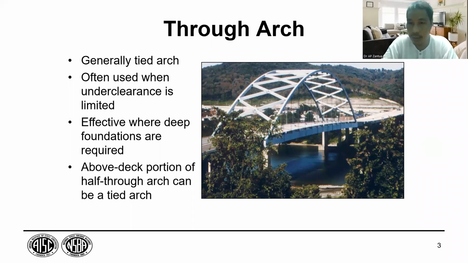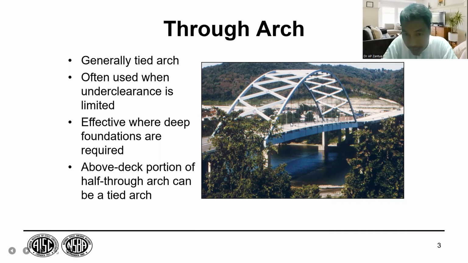Through arch. The arch portion is on the superstructure, not on the substructure, unlike the deck arch, where the arch portion is on the substructure. Generally tied arches. Tied meaning there are steel cables like this.